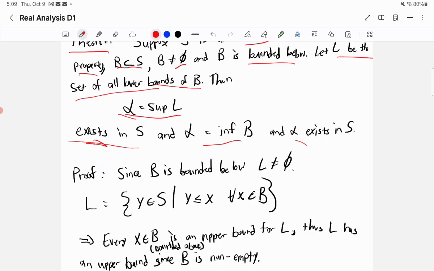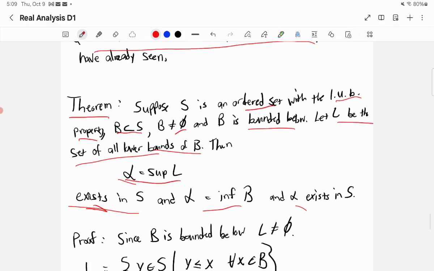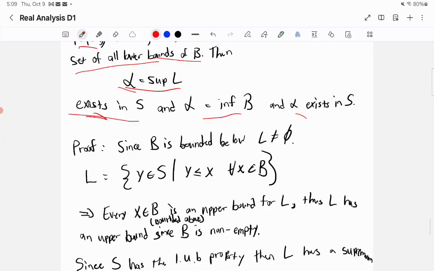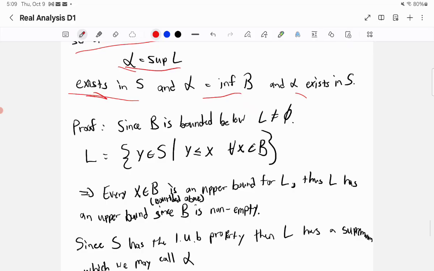So because of those two things, L can't be empty. It's impossible that it's empty because B has a lower bound, right? By definition, B being bounded below means it has a lower bound, and if L is the set of all of the lower bounds, then obviously if B has a lower bound, it can't be an empty set, right? Great.